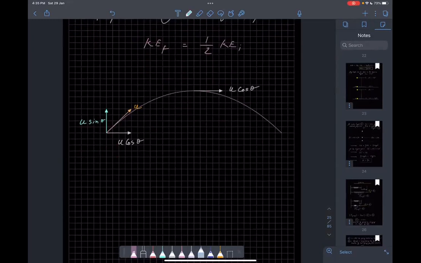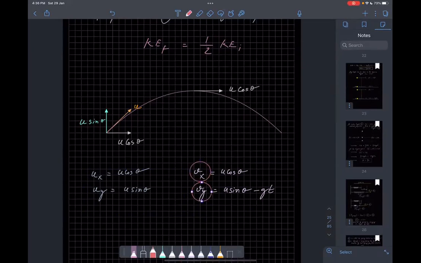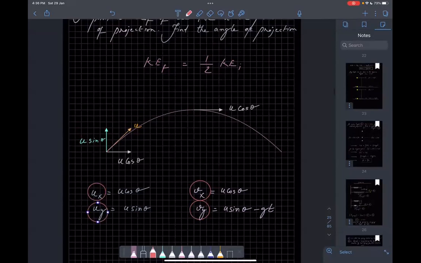If you remember, ux is equal to u cos theta, uy is equal to u sin theta, and vx is equal to u cos theta only. vy is equal to u sin theta minus gt. Just revising this. The problem is simple. Just substitute, you'll get the answer.